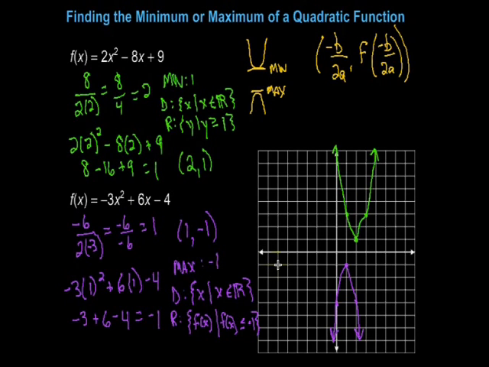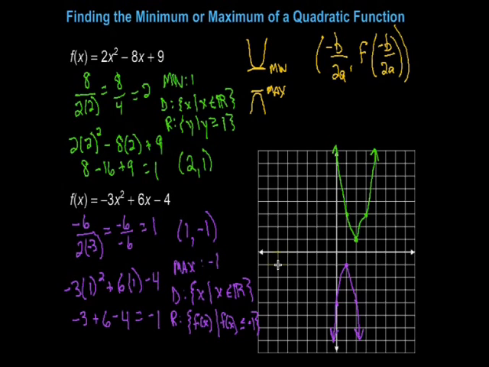Again, finding the minimum or maximum of a quadratic function. To do that, first of all, we need to determine, is the function opening up or down? That'll tell us if it's a minimum or maximum. Then we find the vertex, and the minimum or maximum value is the y value at that vertex. Then we talked about the domain and the range.